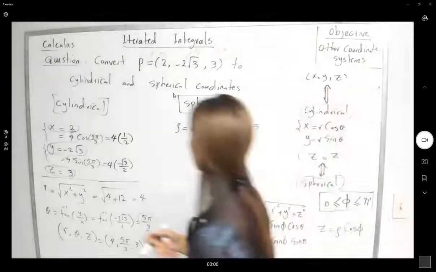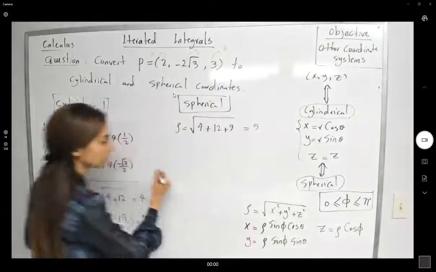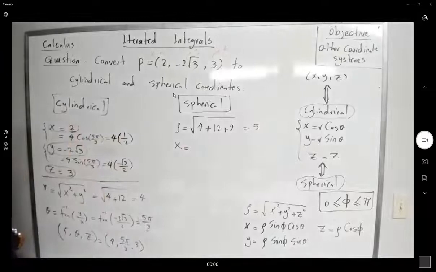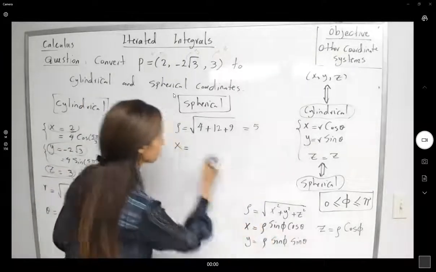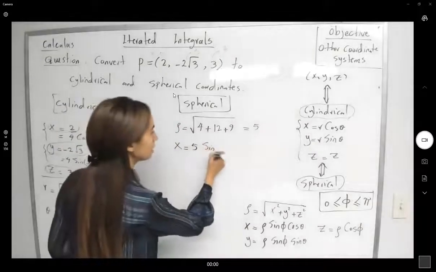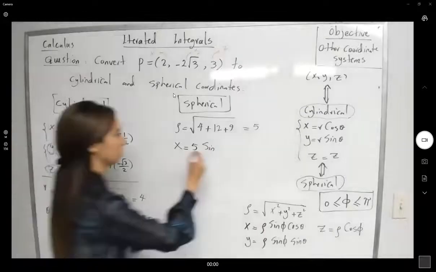I found rho. The next step is to find phi. X is equal to, well, I have rho, which is 5, I just found rho, and sine phi, cosine theta. I already found theta. I'm not really worried about theta.